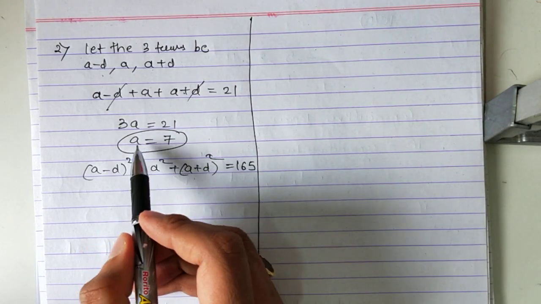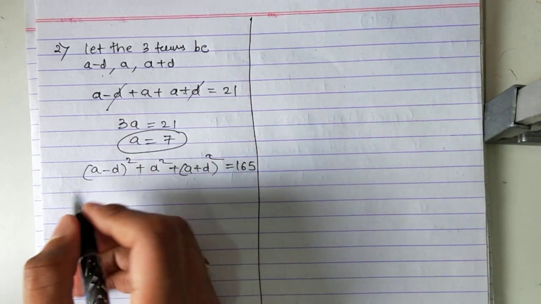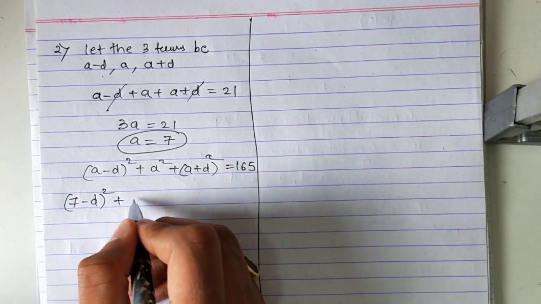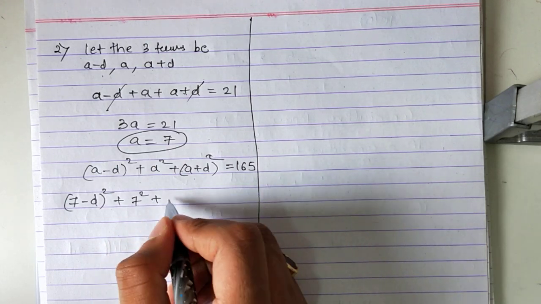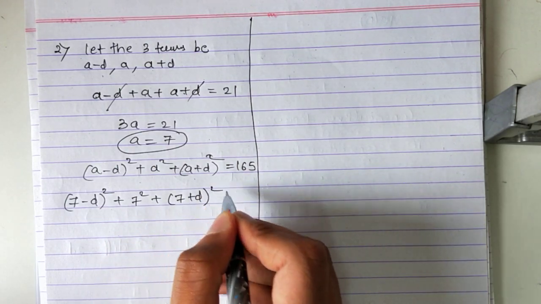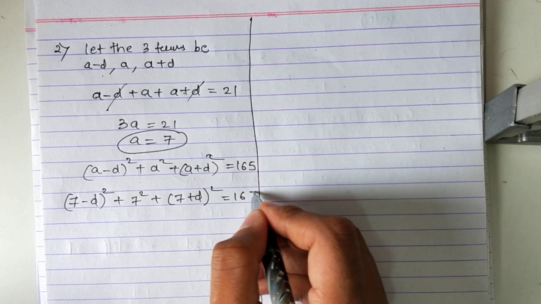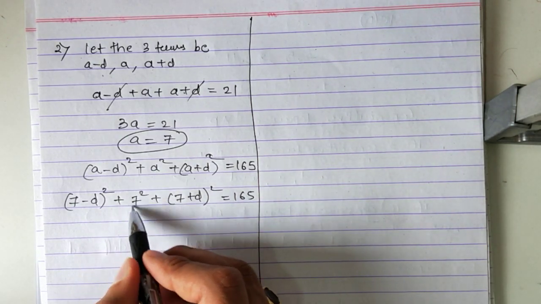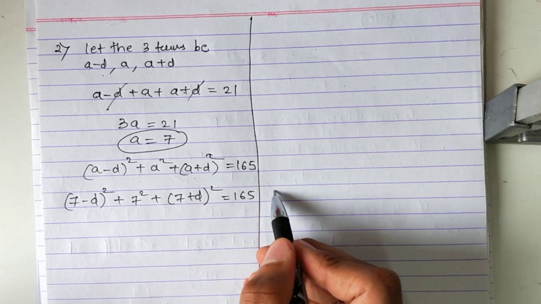Now here, in the place of a I'll put 7. 7 minus d the whole square plus 7 square plus 7 plus d the whole square equals 165. This 7 square, which is 49, I'll transfer it here.